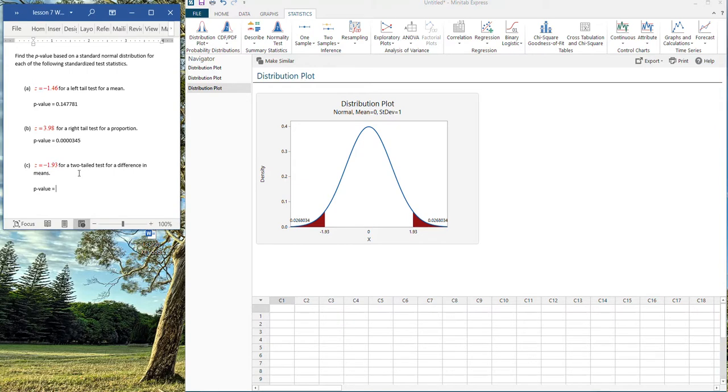So in essence, if you do it on a calculator, okay, let's see how good my math prowess is today.